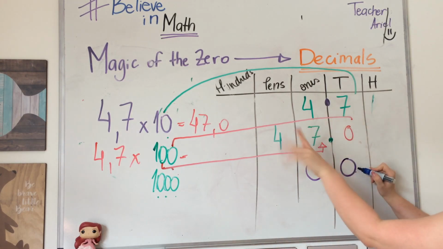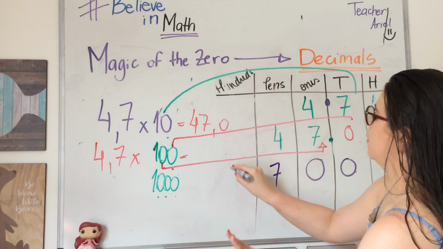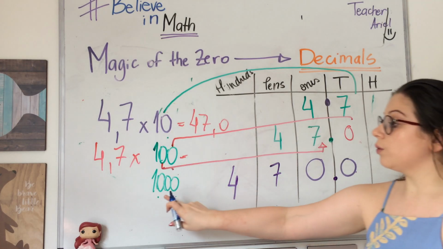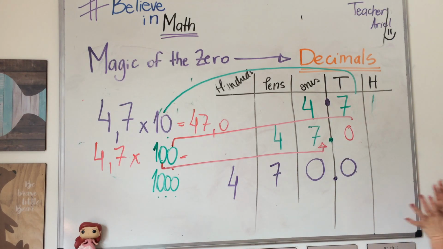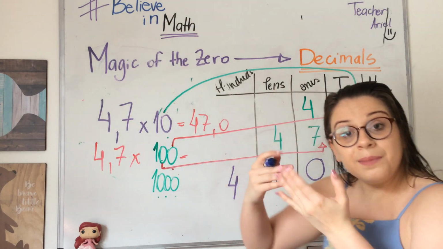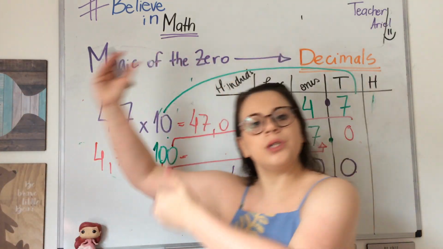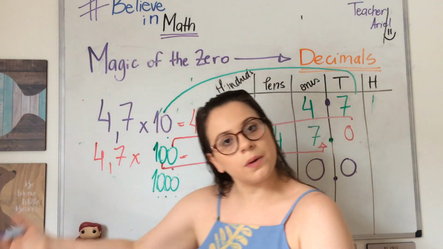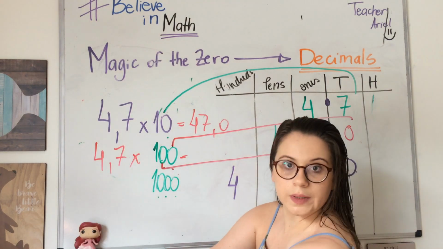This 0 pushed to 47, and this 0 pushed to 470. So as many zeros as I have, the more I am going to push my number forward in the place value, because the number is growing. The more I multiply, the more my number increases, the more my number grows. So forward my number walks.